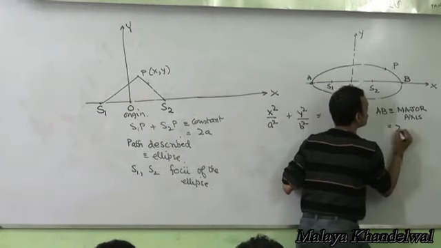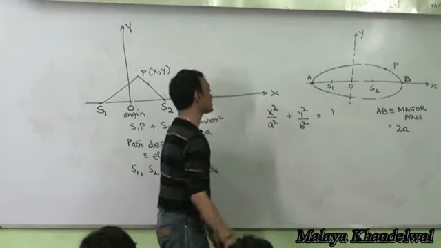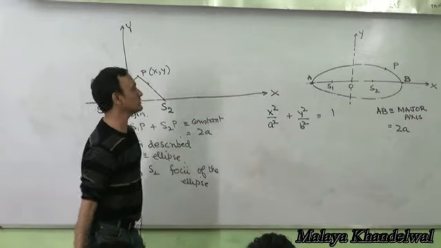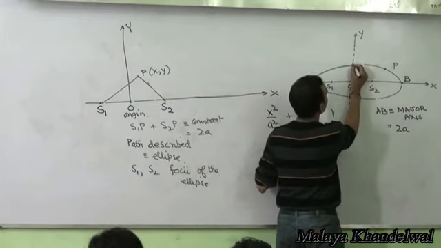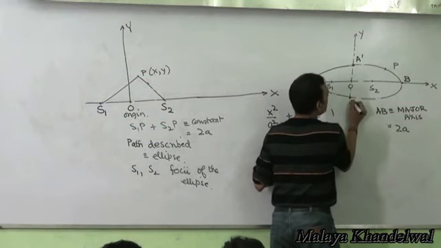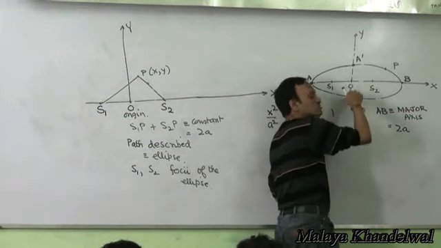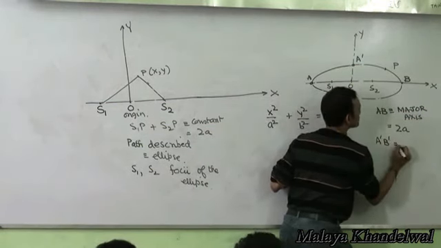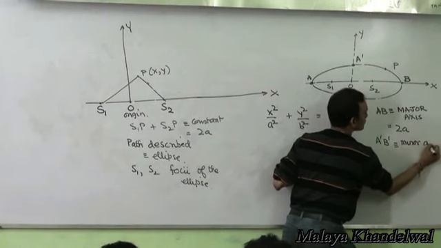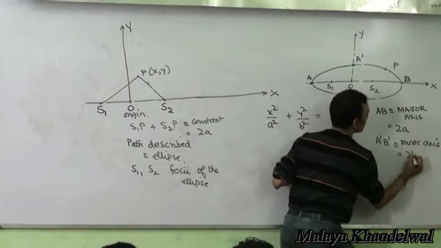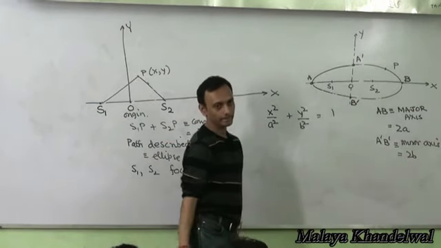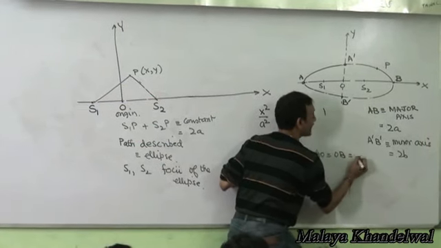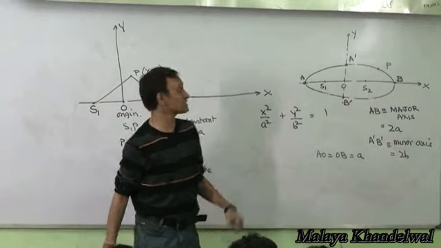The major axis has a length equal to 2a, which is S1P plus S2P. The minor axis, A prime B prime, the extremities in the y direction, is 2b. In general, AO equals OB equals a, which is called the semi-major axis of the ellipse.